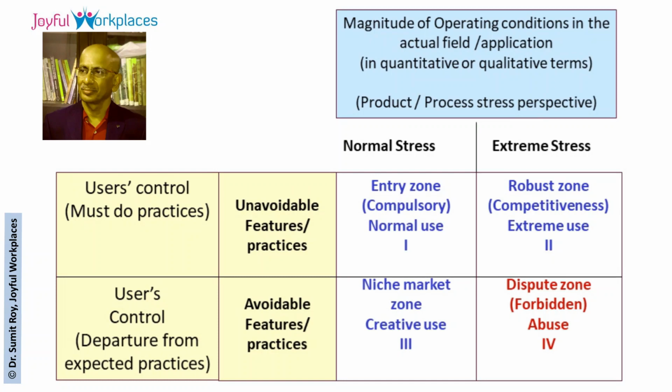Robustness, by definition, means that if the product continues to do its normal functionality despite the stress level increasing, without showing any adverse effect, then the product can be considered robust. And any robust product would definitely pose a formidable challenge to its competitors. So the extreme stress level is important from a competitiveness viewpoint.